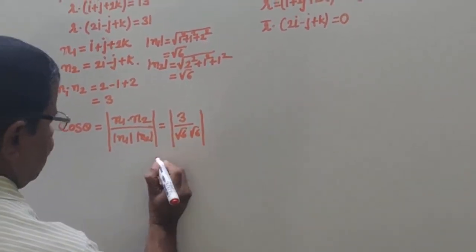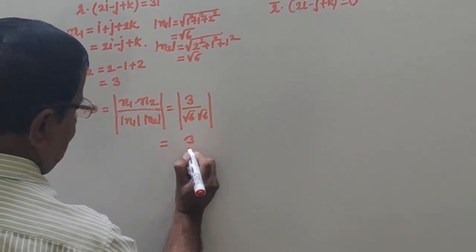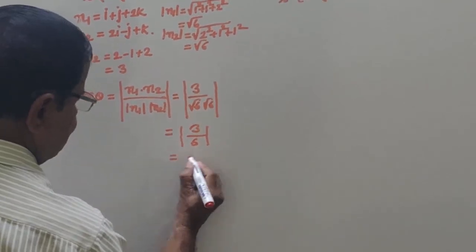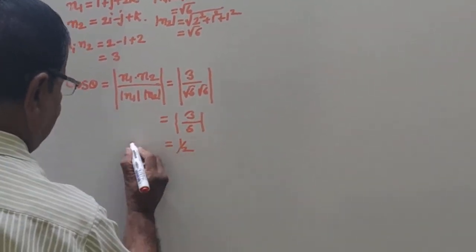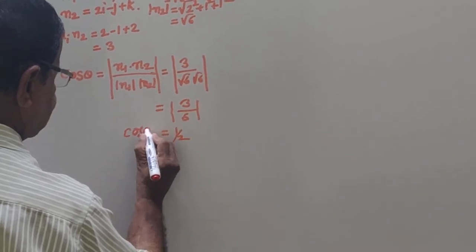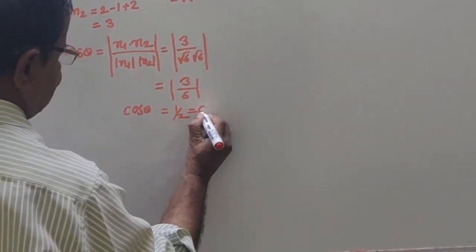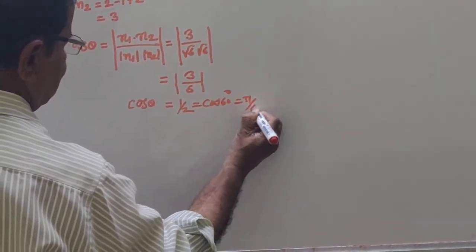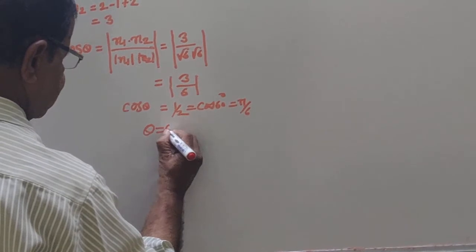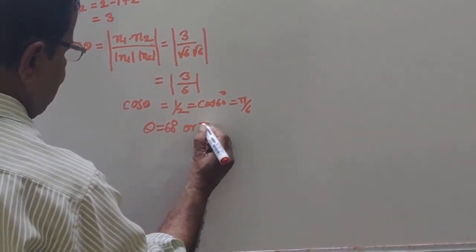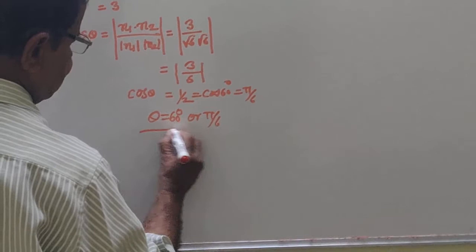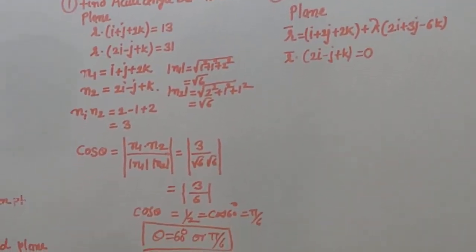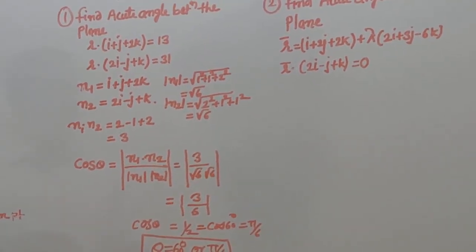Root 6 into root 6 is 6, so 3 by 6 is equal to 1 by 2. You know that cos 60 degrees is 1 by 2, which I can also write as pi by 6, so theta is equal to 60 degrees or pi by 6. This is the required answer. If you know the formula, then the calculations are very easy and you can score good marks.